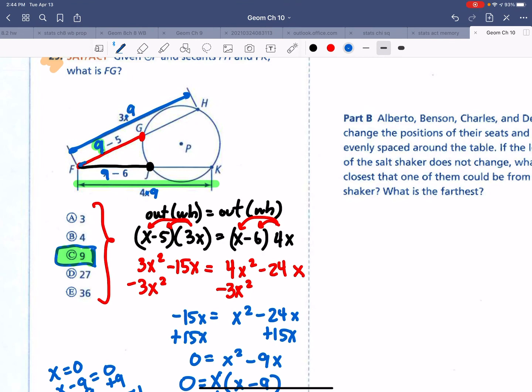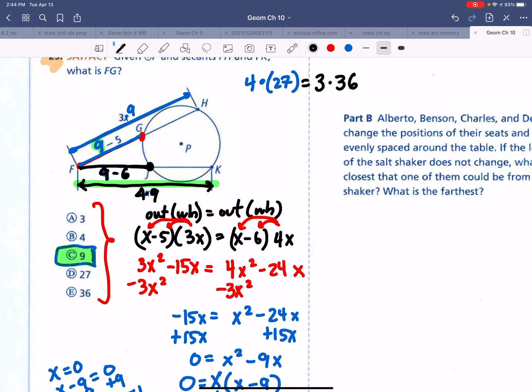So we got the outside, 9 minus 5 is 4, times the whole thing, 3 times 9, or 27. Okay, and then now on the other secant, you have 9 minus 6, the outside part, that'd be 3, and the whole thing, 4 times 9, which is 36.